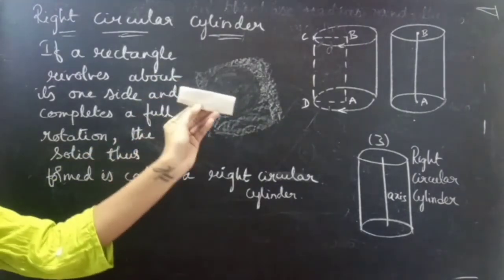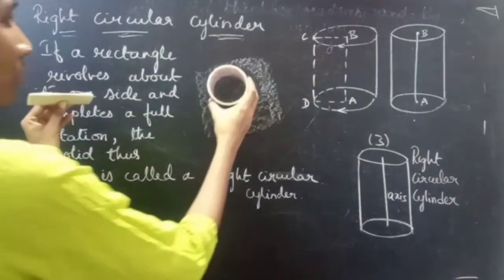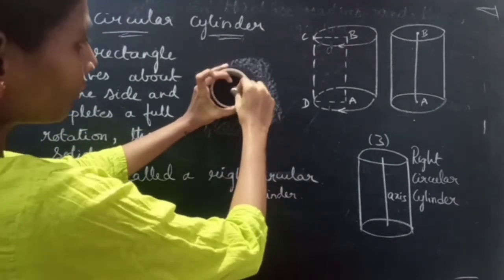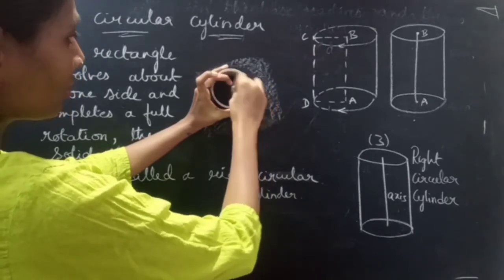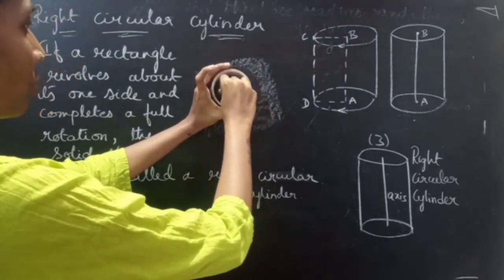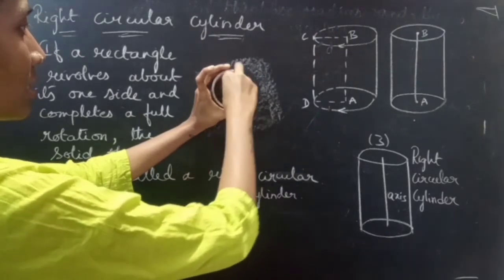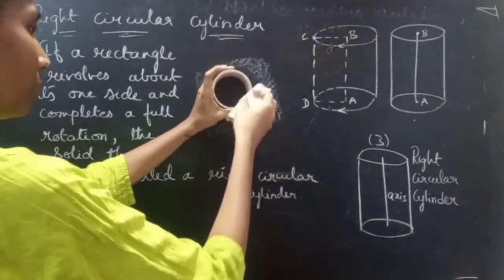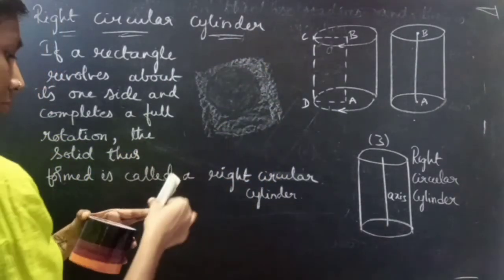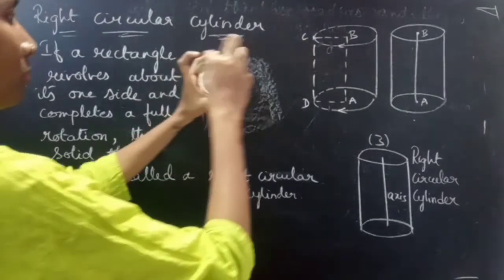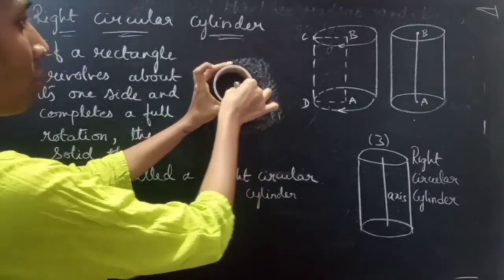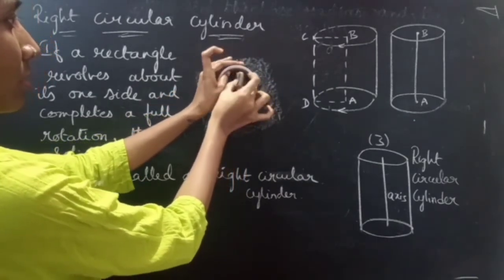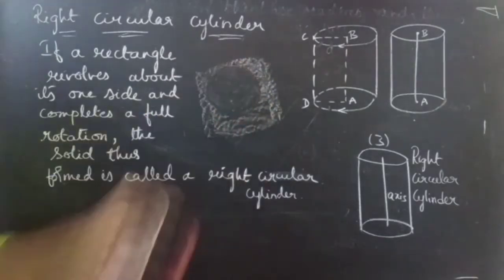Okay, consider a rectangle. I'm just placing it. Now, if you rotate this rectangle about a side, then it forms a cylinder.